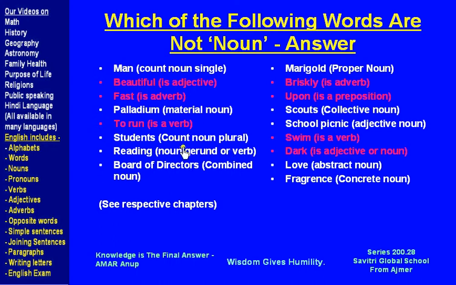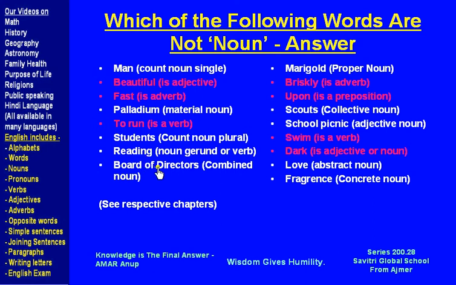Next word is students. Now students is a count noun because you can count 5 students, 10 students, 1 student, and you can make plural. Here we have students, which is a plural. If we remove this s, it becomes a singular. So students is a count noun, that is plural. Next word is reading.